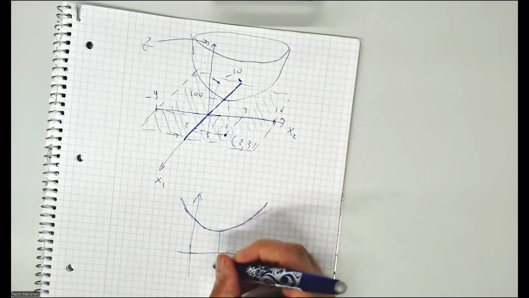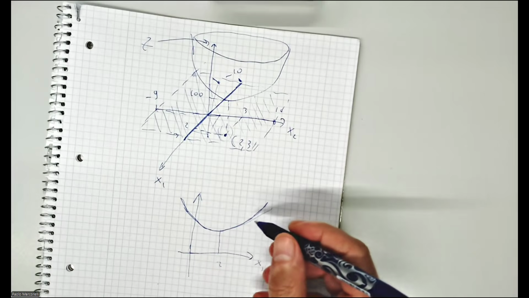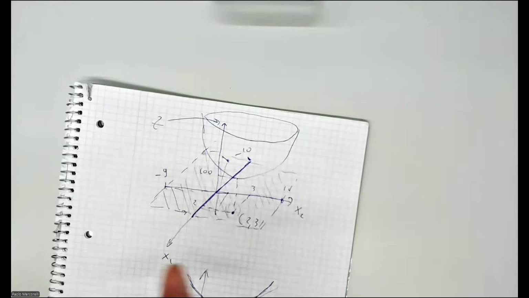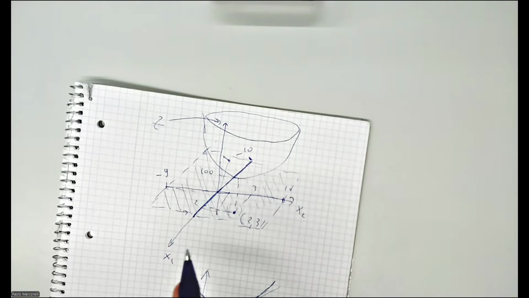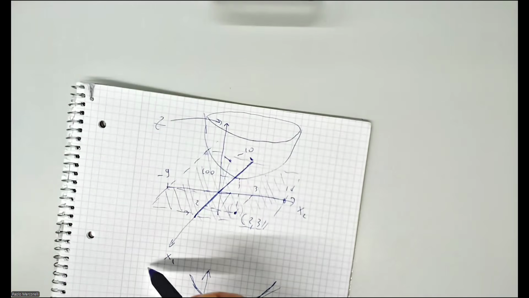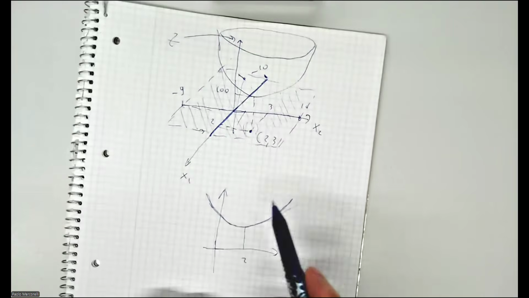Say x1 equal to, just try to consider a section of this paraboloid, just an intersection considering a plane orthogonal to x2 or something like that.